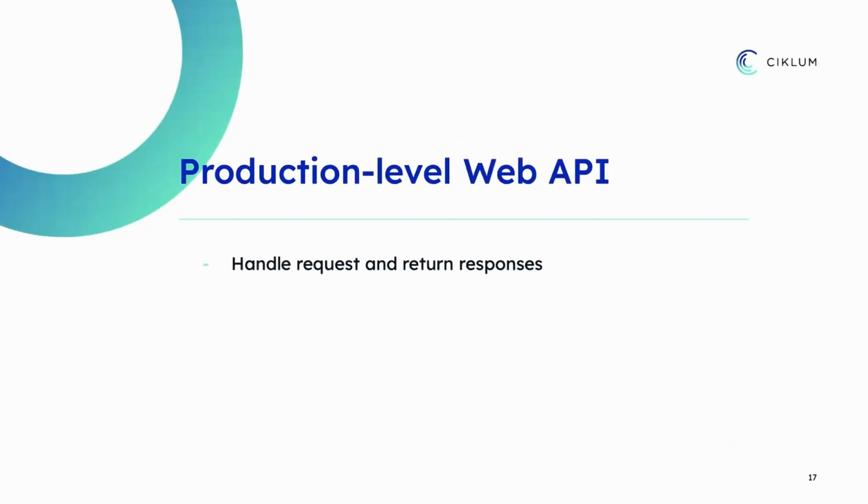Of course, a web API should handle requests and return responses, but we should also add a security level to our web API. We should restrict which clients can reach our API. This is one of the main stages for a production level web API.